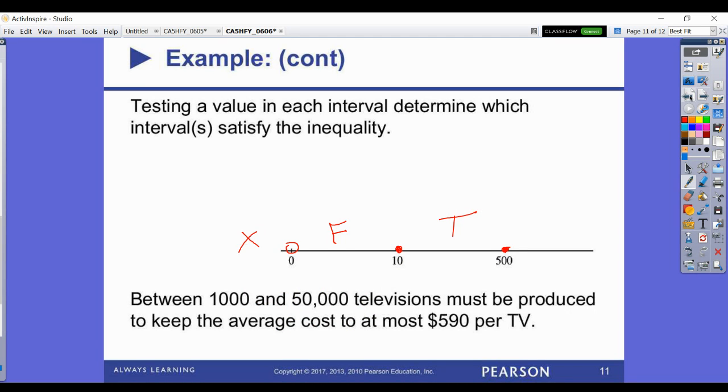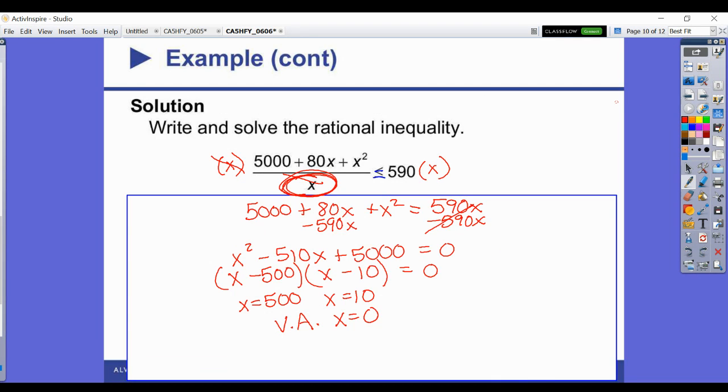And then we need to pick one bigger than 500. So we'll do it one more time. 5,000 plus 80 times, I'll just do like 600, plus 600 squared, divided by 600 is 688. So it's bigger than this, so it would be false.